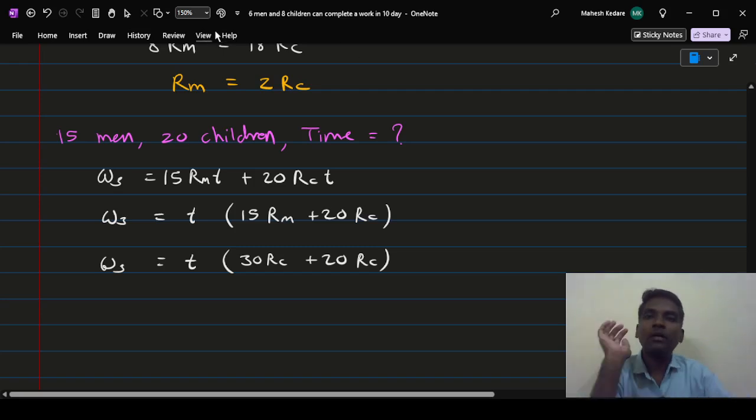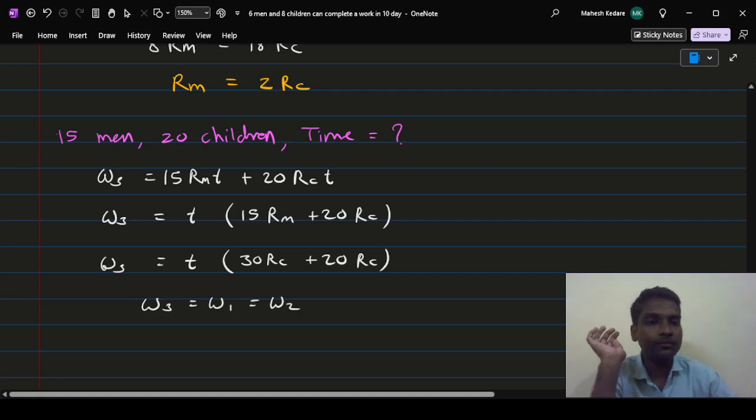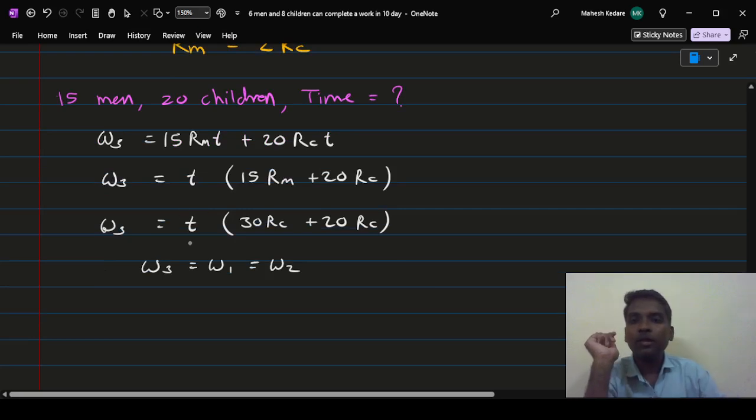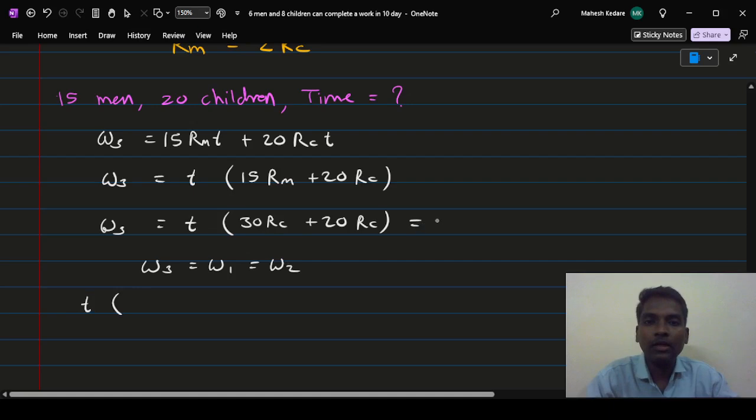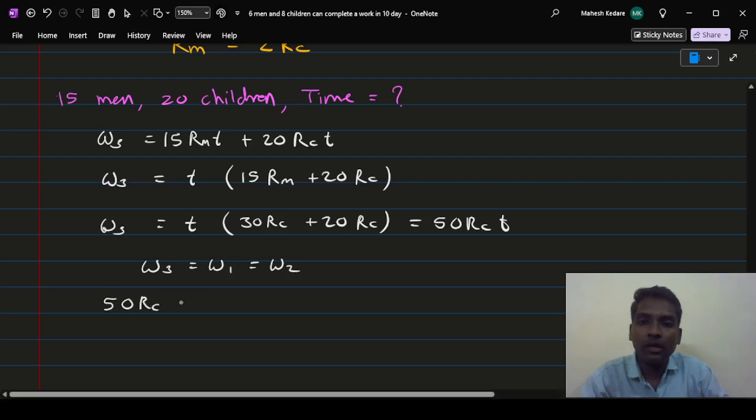Now the amount of work is the same, so we have W3 equal to W1 equal to W2. For W3 we write T times this 30 Rc, and 30 Rc plus 20 Rc gives us 50 Rc. So we write 50 RcT.